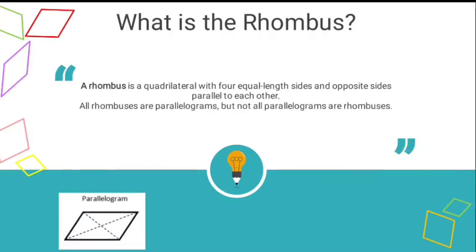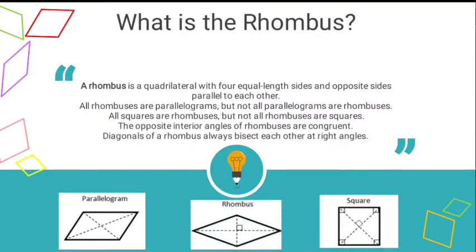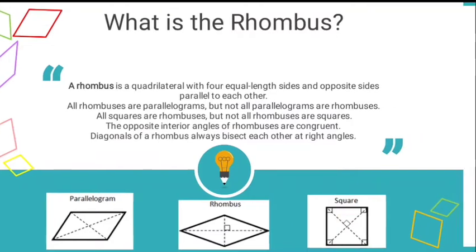All rhombuses are parallelograms, but not all parallelograms are rhombuses. All squares are rhombuses, but not all rhombuses are squares. The opposite interior angles of rhombuses are congruent. Diagonals of a rhombus always bisect each other at right angles.